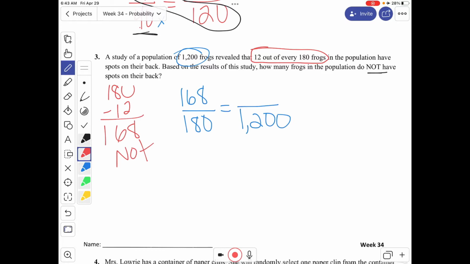If you simplify the fraction, you'll find that it will simplify to 14 over 15. And remember, you can always cross multiply and then divide to find your missing number.